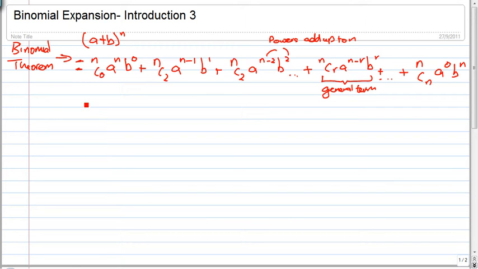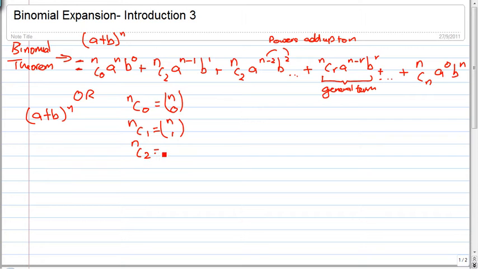Now you can represent it this way, or you can represent it as a plus b to the power n. Remember, nC0 can also be written like that. nC1 can also be written as that, and nC2, which is used for the third term, can also be written like that. So a plus b to the power n: the first term, instead of writing nC0, is just like that.